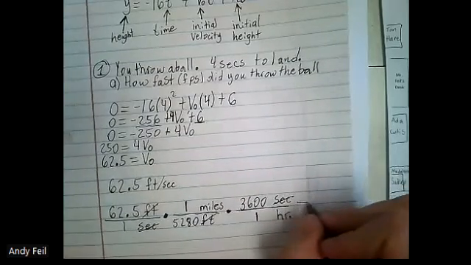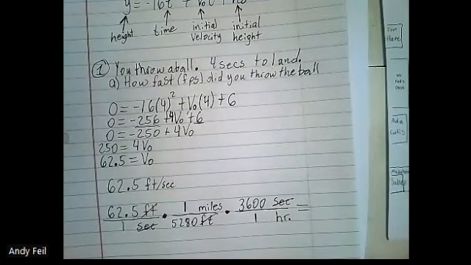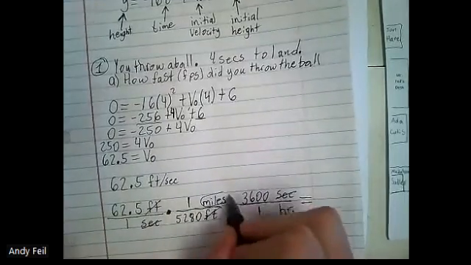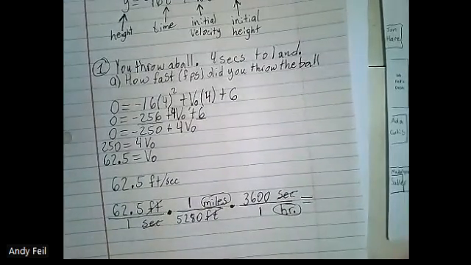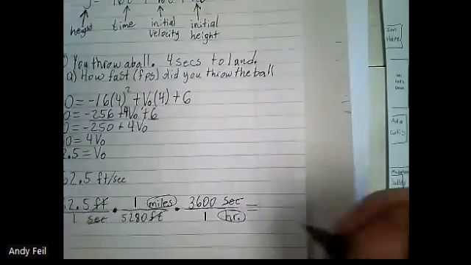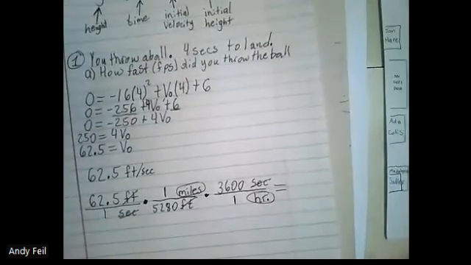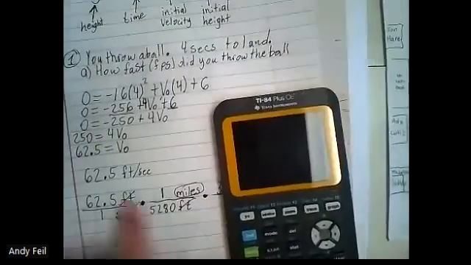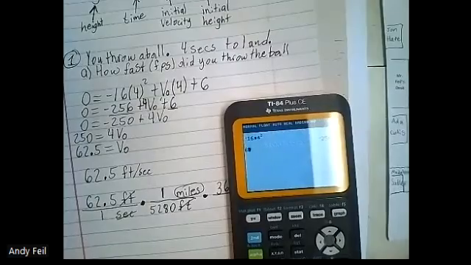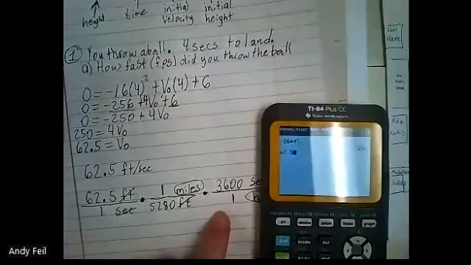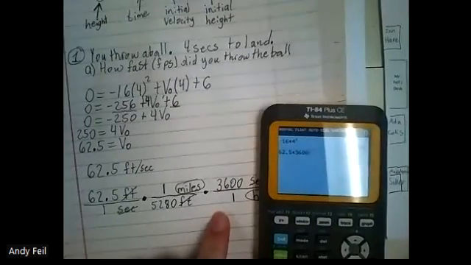All right, so let's look at this. Now we just have miles and hours. Is that what we wanted? Yes. So now we multiply across: 62.5 times 3600.